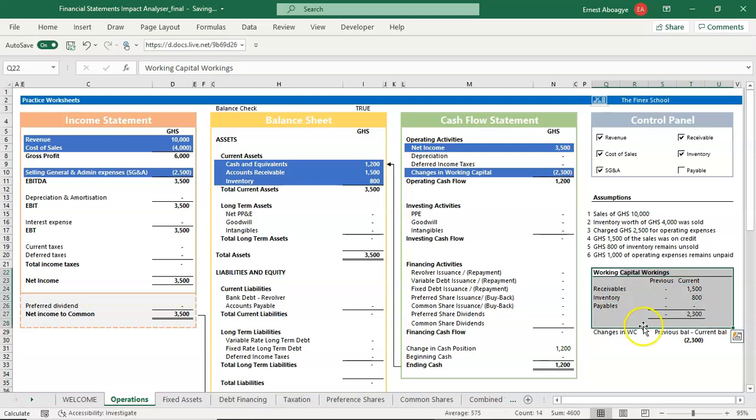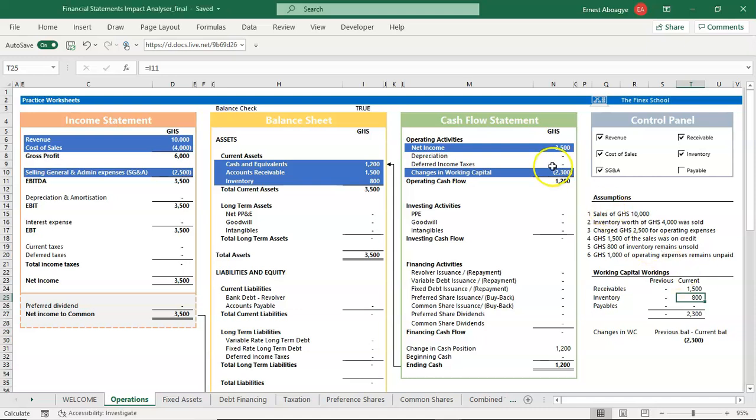You can see that our previous balance we had 0, but the current one we have receivables of sales not paid by cash 1,500. We also have inventory that remains unsold, so it means that that cash element has also not been released to us.